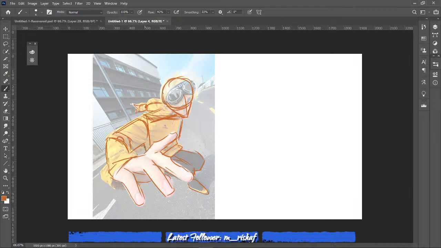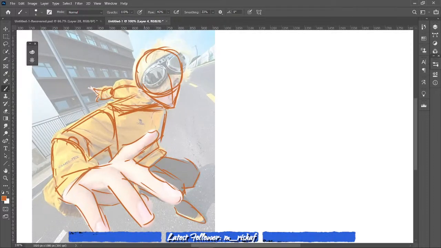Now let's make it a bit 3D. As you can see, these are just 2D shapes.